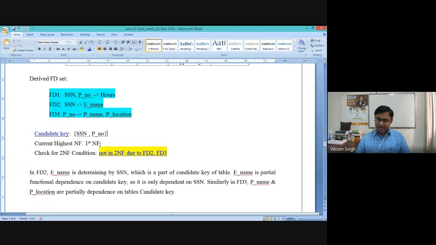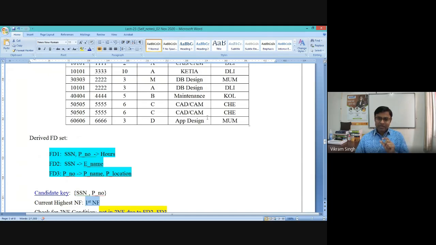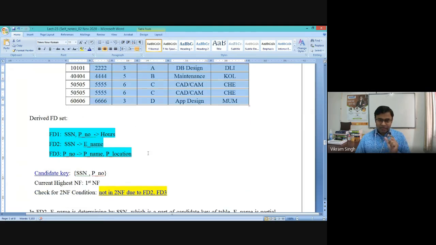So it is very clear that the current highest normal form we have verified is the first normal form. Now you need to see whether this database table follows the condition of second normal form or not.